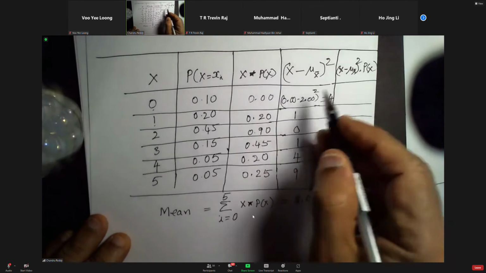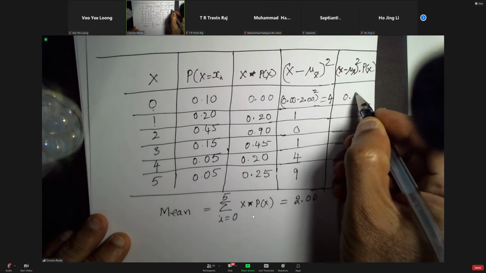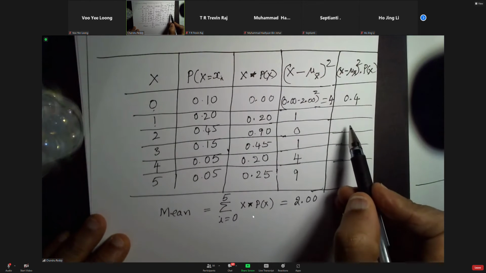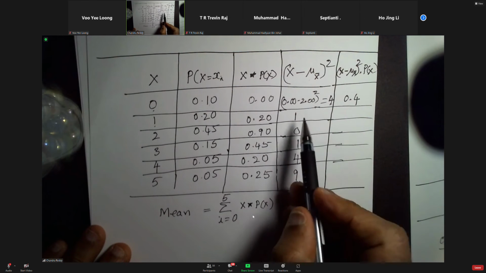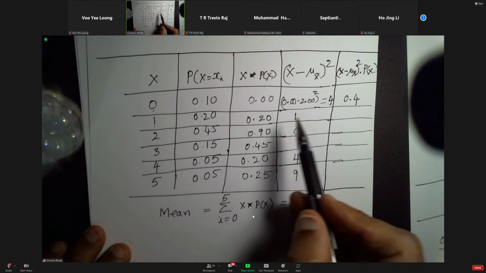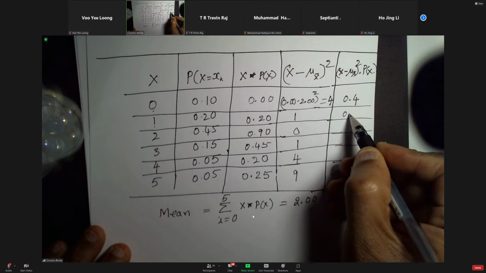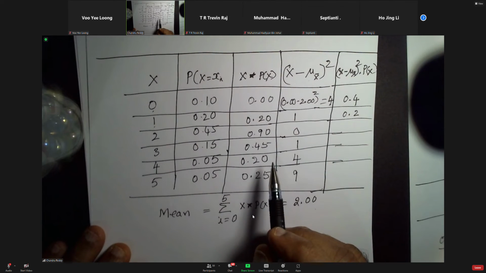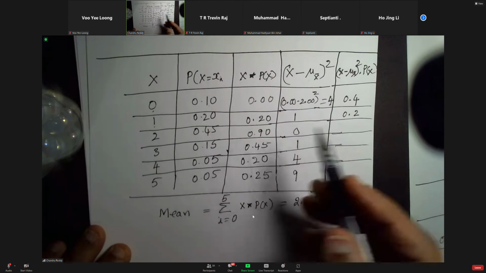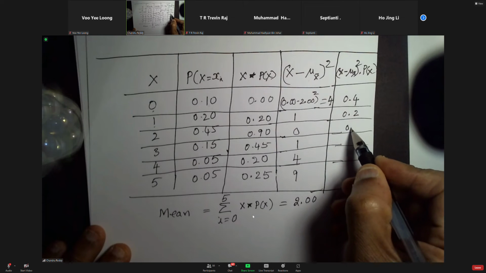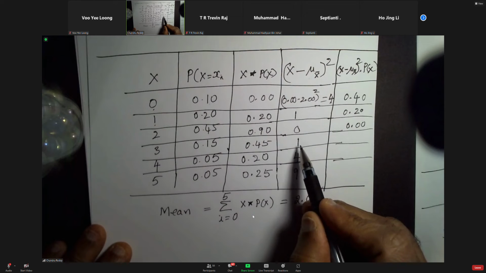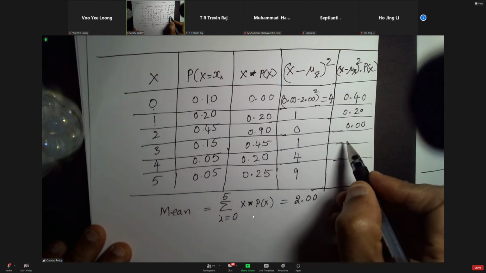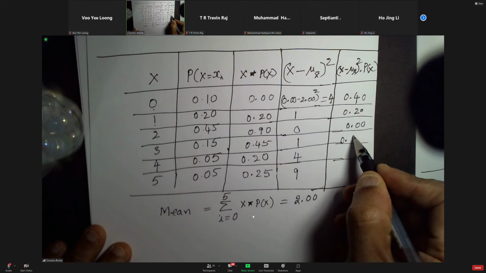So 4 into 0.1 is 0.4. Correct. Next one. So 1 into 0.2 is 0.2. That's correct. The next one. 0 into everything will be 0. Correct. Then 1 into 0.15, so that will be 0.15.